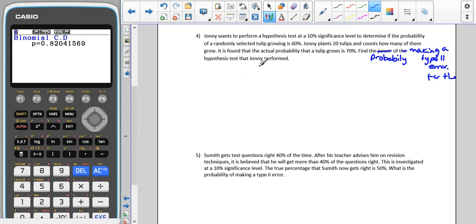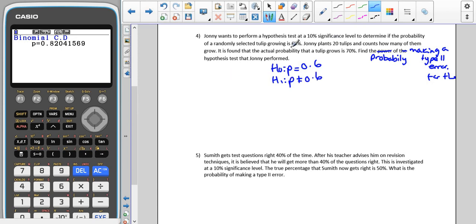So here it's a two-tailed test because Johnny wants to perform a hypothesis test at a 10% significance level to see if a randomly selected tulip growing is 60%. So it either is 60% or it's not 60%. So our H0 would have been that the probability was 60%, and our H1 would have been that the probability was not 60%.